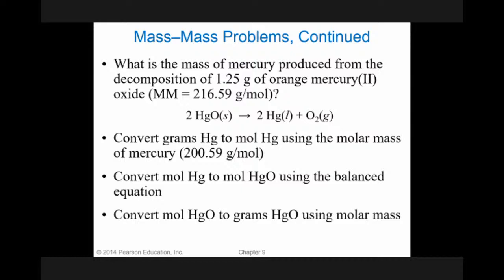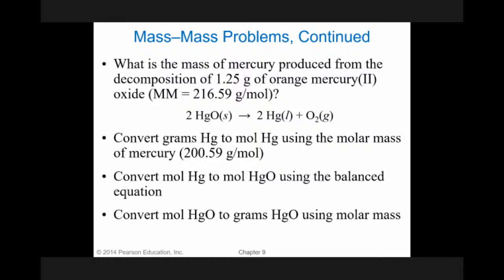That's a molar mass. Add together. Convert the mole of mercury oxide to mole of mercury using the balanced equation. Convert the mole of HgO to grams using the molar mass. Do you see those steps right there?